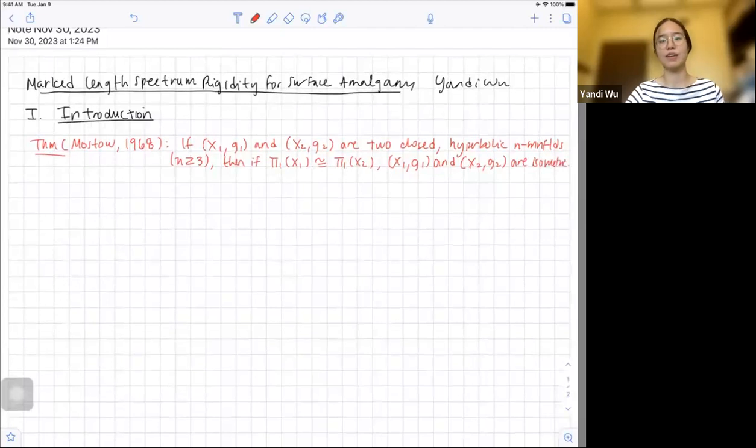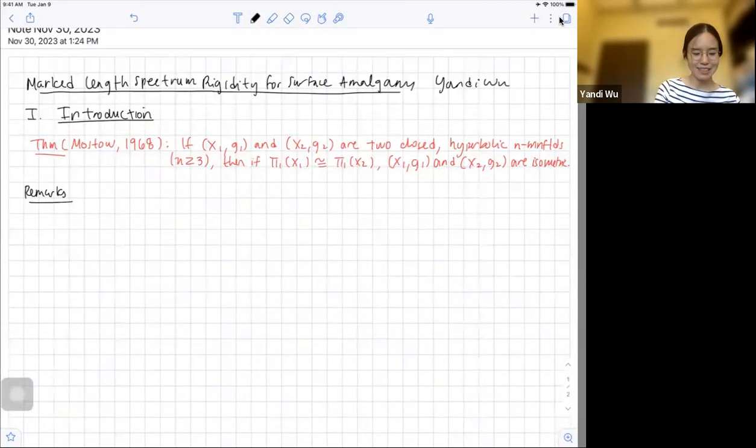So this is a very strong version of rigidity because you have a topological condition implying a geometric condition. And there are some cases where it doesn't really hold. One thing to notice is that the dimension of the manifold has to be greater than or equal to 3.